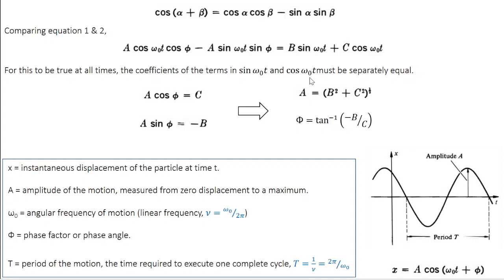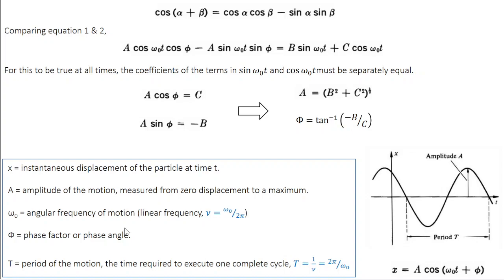Now if you plot the solution x as a function of time, you are going to get a sinusoidal curve. Let's identify the important parameters associated with this solution. First one is x, which is the instantaneous displacement from the equilibrium position at a given time t. And A is the amplitude of the motion, the maximum displacement from the equilibrium position.